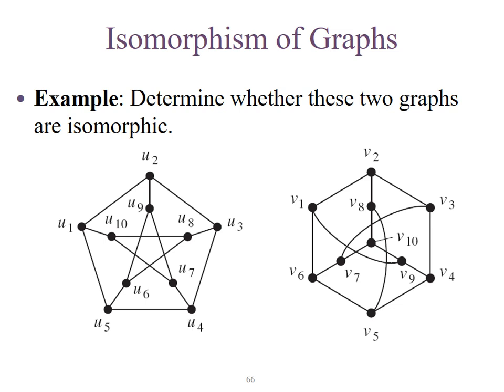Okay, just give me your intuition. Do you think these two graphs are isomorphic or not? Raise your hand if your intuition tells you they are isomorphic graphs. No? So, who do you think they are not isomorphic?